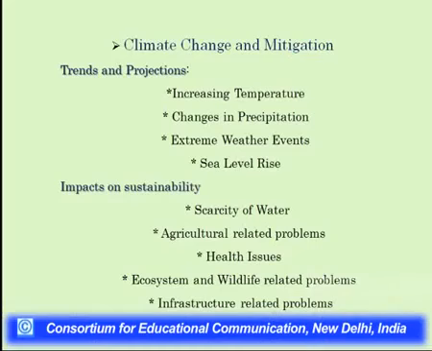Water scarcity has a direct impact on agriculture. Lots of agricultural related problems come with water. And finally, water determines the health. Therefore, a number of health issues, most of the diseases concern water resources, availability of water.